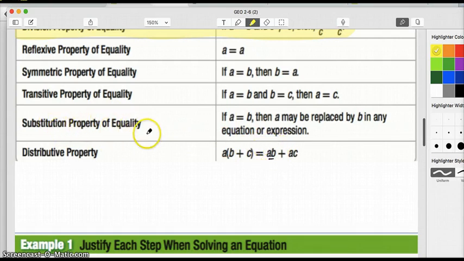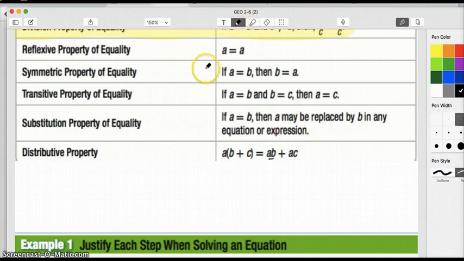Substitution property of equality. This one says if A is equal to B, then A can be replaced by B in any equation or expression. Let's do that again. If A is equal to B, you got these two values that are equal, then the value A can be replaced by B anywhere in an equation or an expression. You've known this before, right?